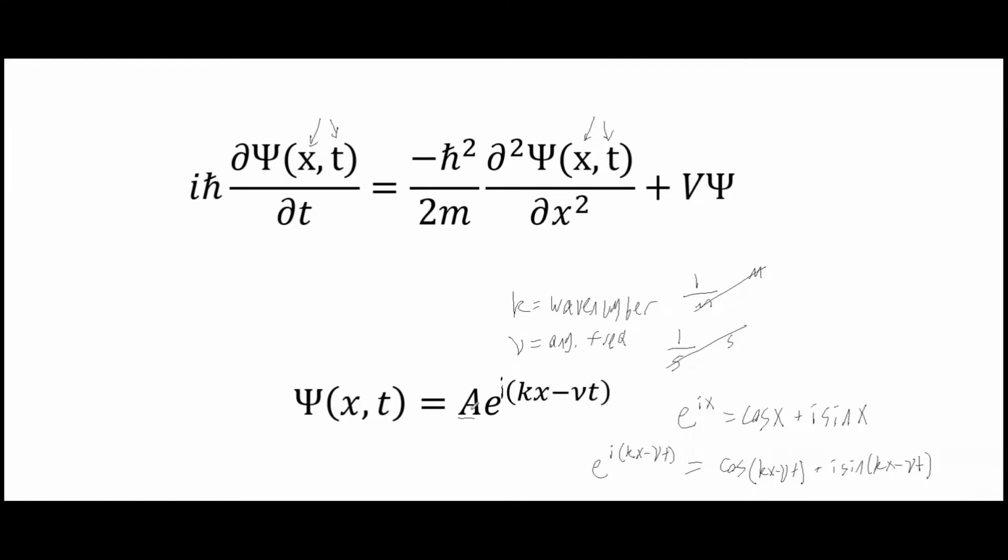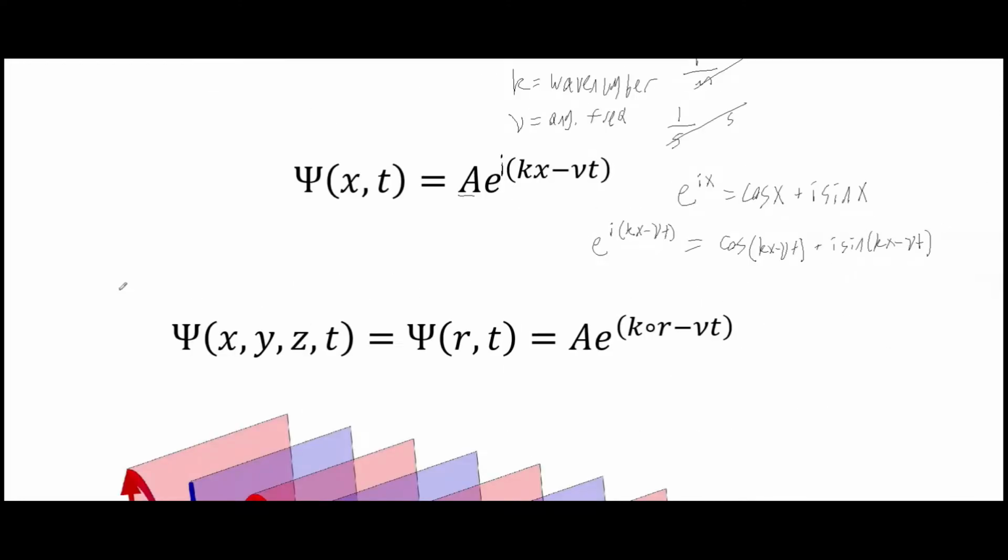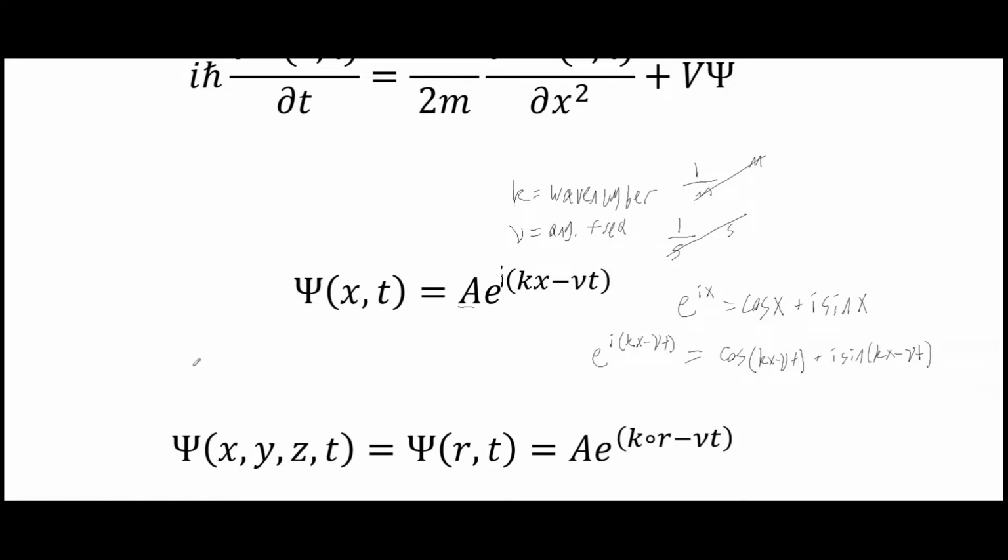And so anyway, as I said, this is a one-dimensional version of the wave function, but we live in the real world, and the real world has at least 3 spatial dimensions, and so we need to expand that out further and add in our y and z dimensions. So this is often written with an r here, which is just the radius, using sort of polar coordinates.